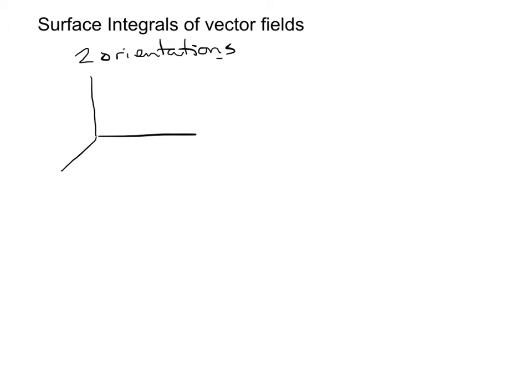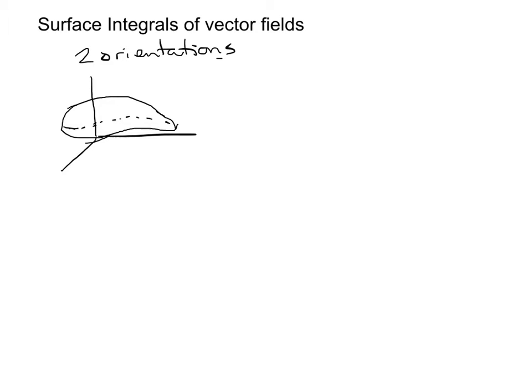So let's say that we have some surface that goes like that. In the back, that's in the back of it. I don't know what that thing is, some sort of a three-dimensional blob.